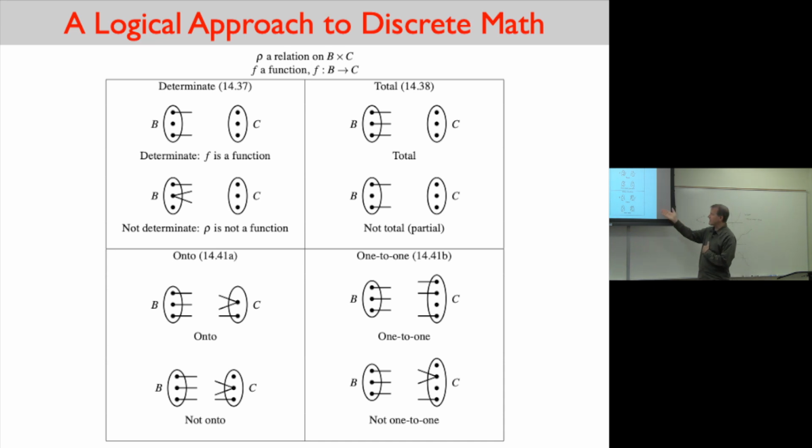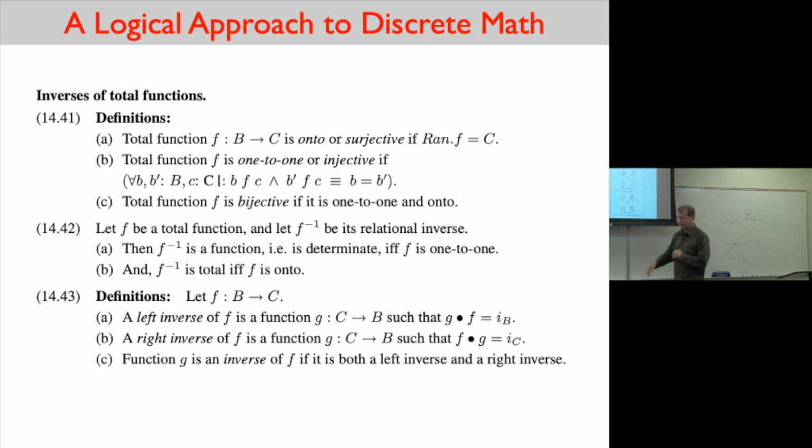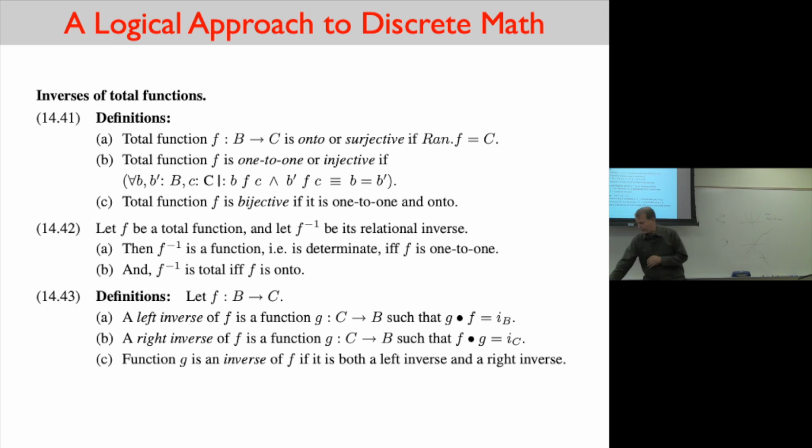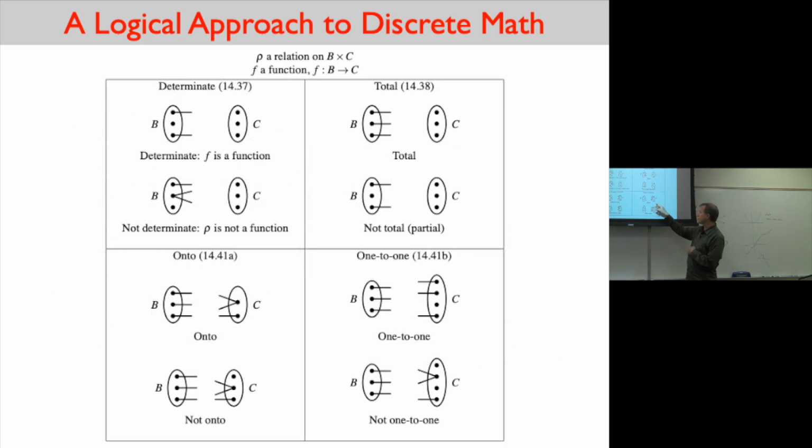Another name for it is surjective. If there exists an element in C that does not have something mapped to it from B, then it's not onto. With onto, all of the elements in C are mapped from an element in B. So let's see if that's what the math says.